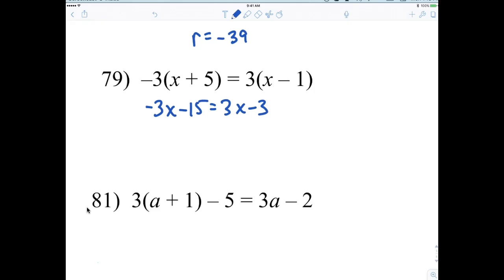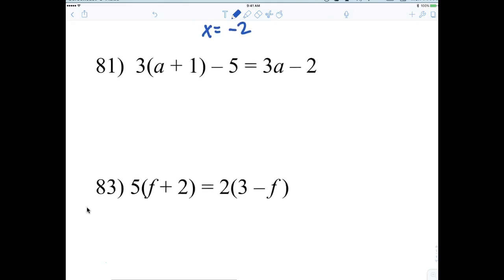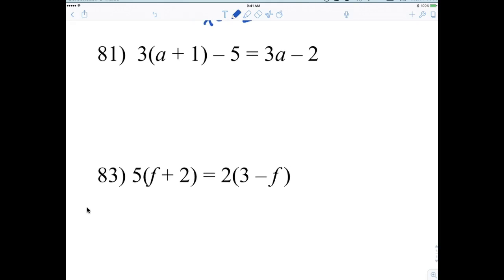So that gives me 6x on the right and negative 12 on the left. There you go. Right? So x equals negative 2. Happy? Anybody have any questions? All right. Everybody check out 81.